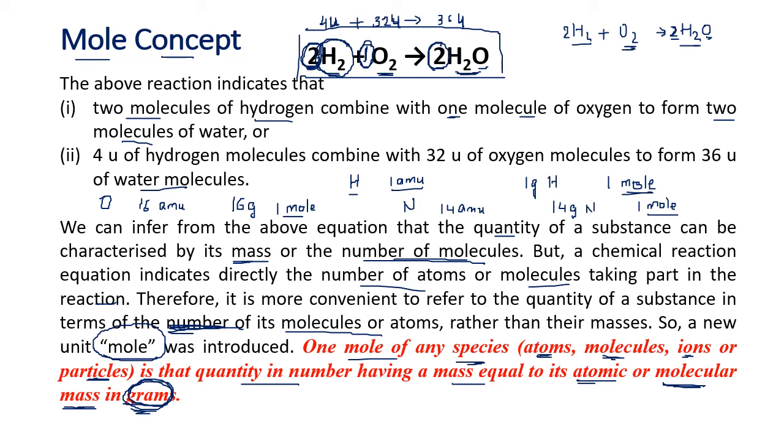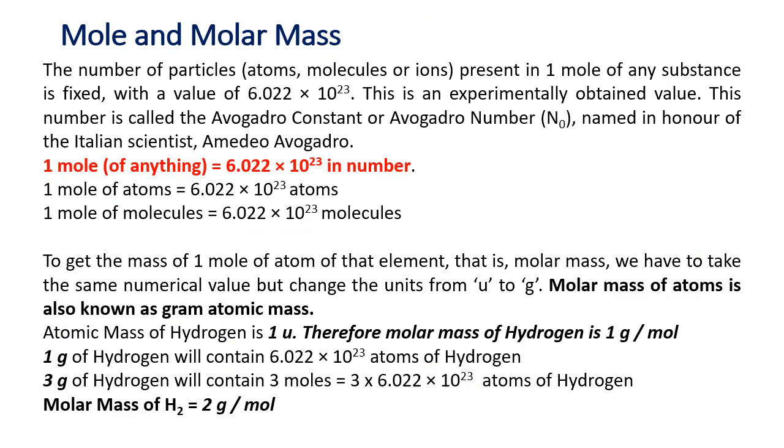Not clear? Wait, this will make it clear. Now, like I said, when I say 1 mole, the number of particles, which are atoms, molecules or ions, in 1 mole has a fixed value. So, 1 mole of anything is how much? 6.022 into 10 raised to 23.